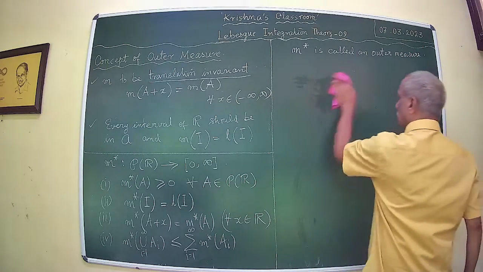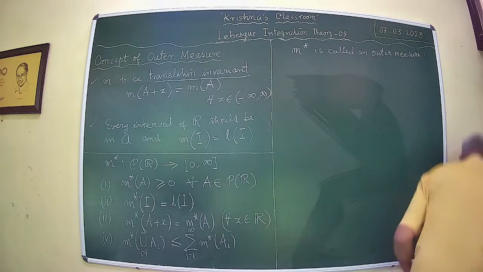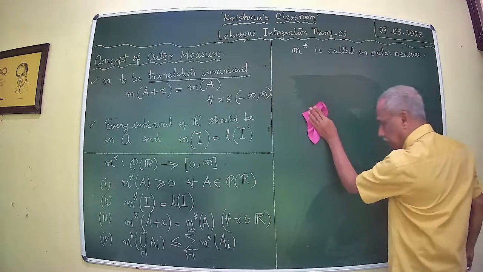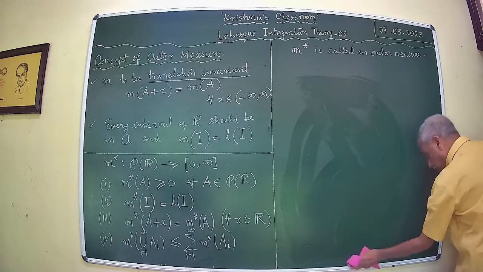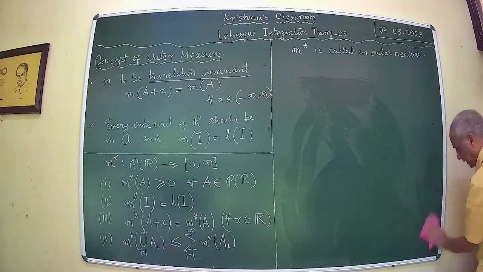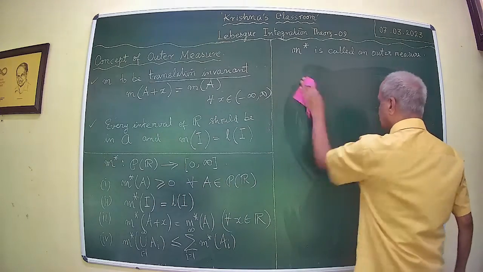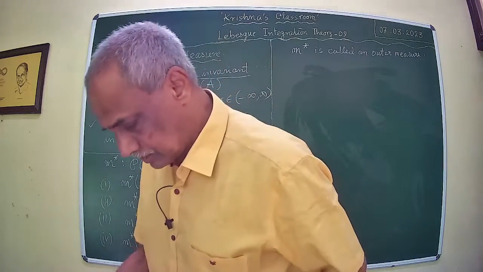How do you possibly define this? This is the problem. Because we are saying that we are going to define a function of this kind for all subsets of the real line. So let us see how we introduce this.